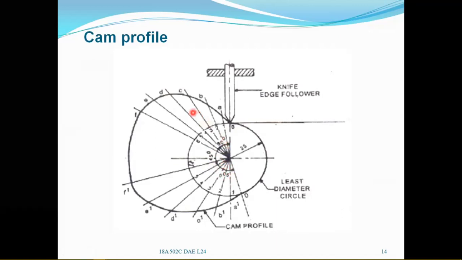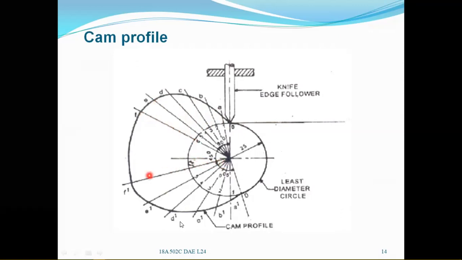Divide this as we have done in the displacement diagram, into 6 parts, and here also into 6 parts, and mark from this point 1A with the same length as 1A in the displacement diagram, and 1B the same length as 1B in the displacement diagram. Similarly here also 3C, 4D, 5E, and 6F.